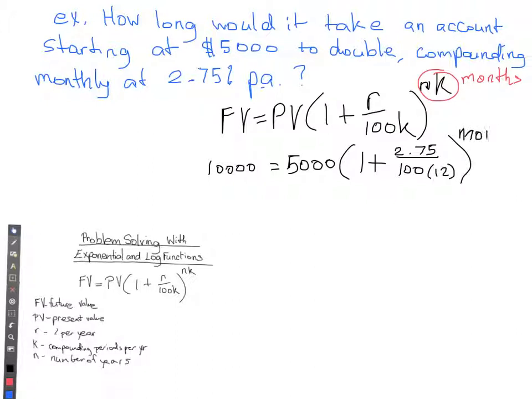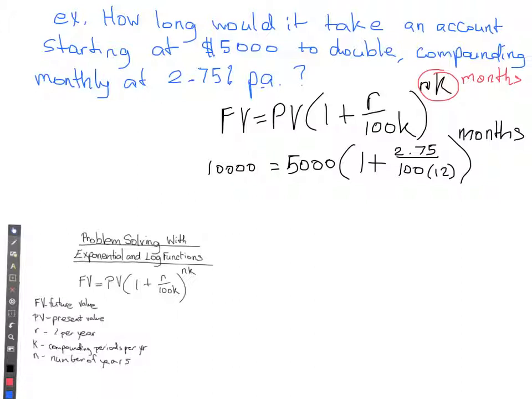Now we have an exponent as our unknown. Whenever we have an exponent as an unknown, we can use logarithms to solve it. I'll repeat because it's important: whenever you have an exponent that's unknown, we can use logarithms to solve it.